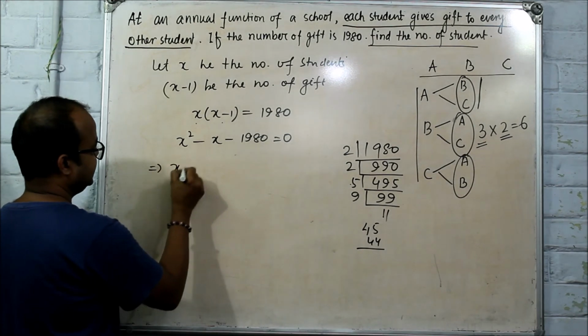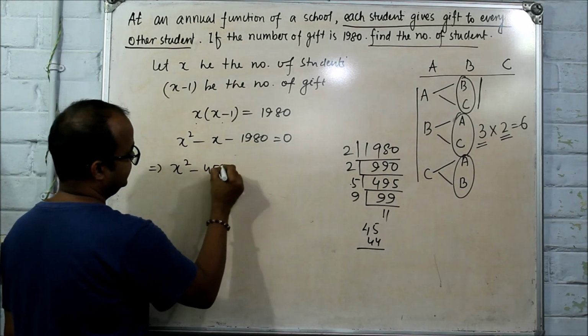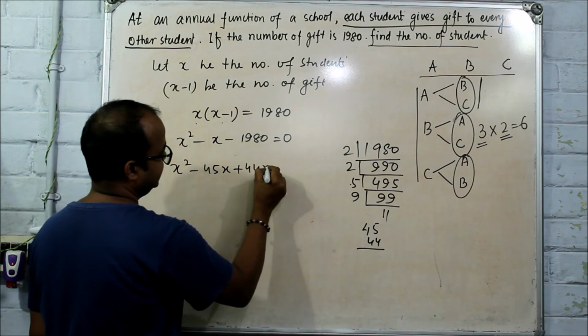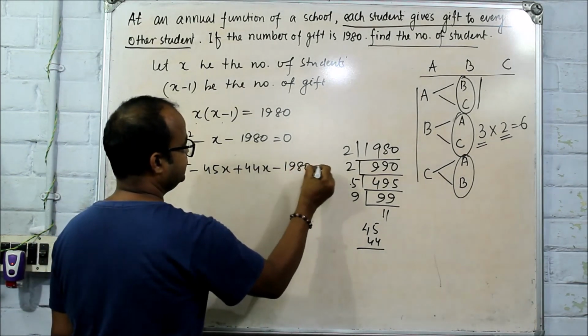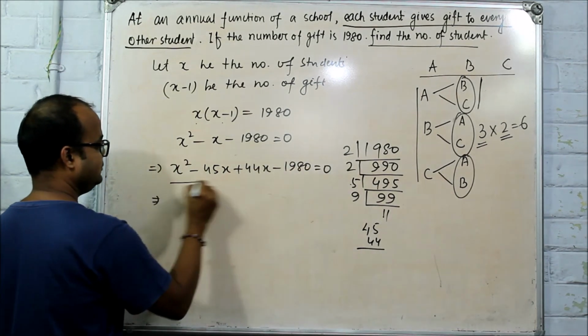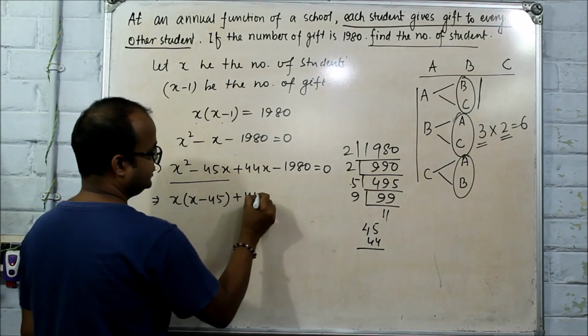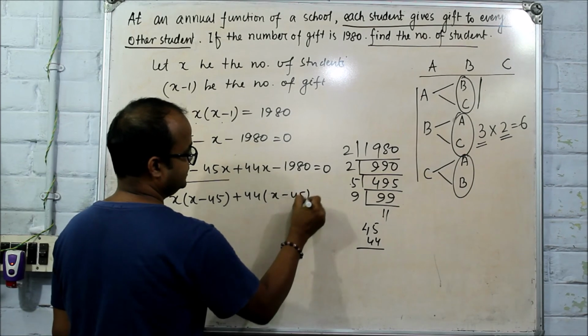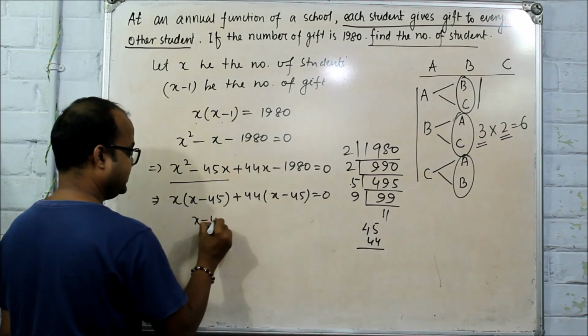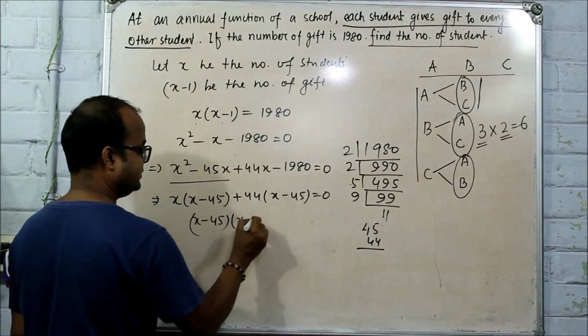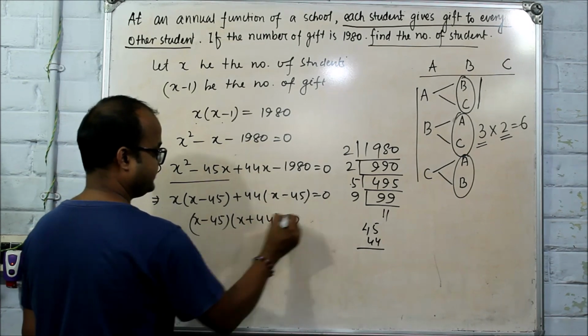So it implies x square minus 45x plus 44x minus 1980 is equal to 0. x common: x (x minus 45) plus 44 (x minus 45) is equal to 0. So (x minus 45) into (x plus 44) is equal to 0.